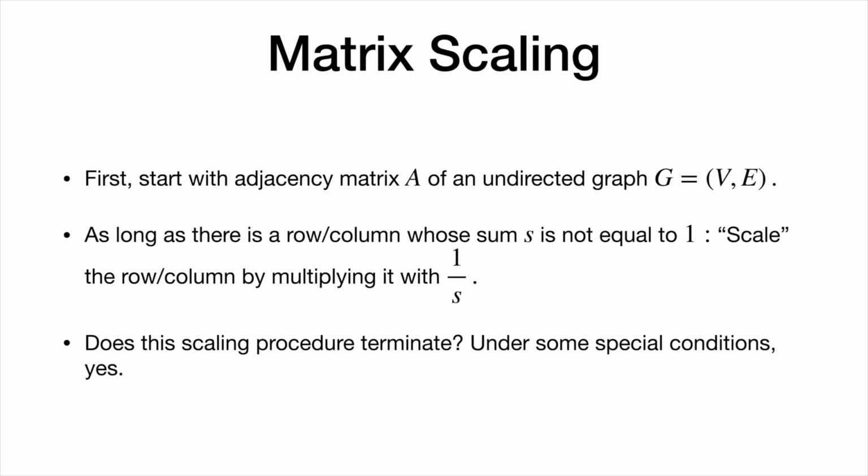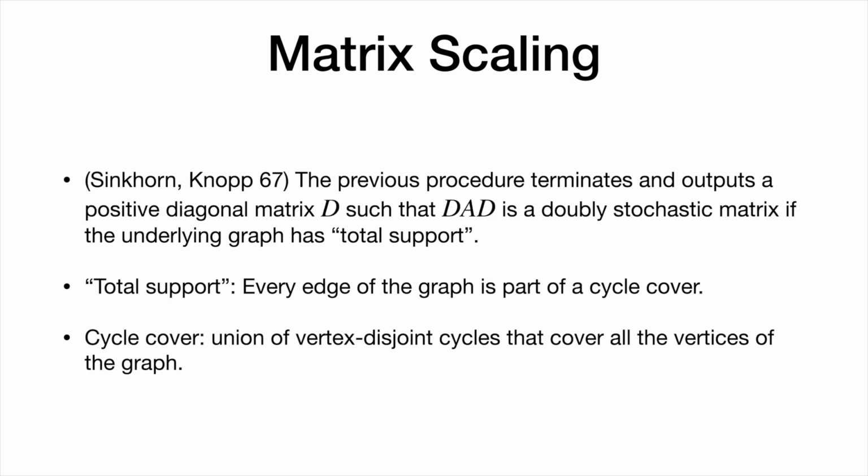Turns out that under some special conditions, this procedure actually terminates, and we'll discuss which conditions they are. You can think of the conditions as requirements of the graph that you start with. Essentially, if your graph satisfies a certain property, there is a way to do this iterative procedure to end up with a doubly stochastic matrix.